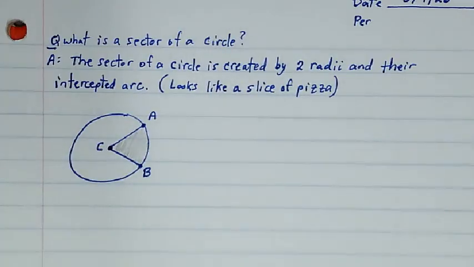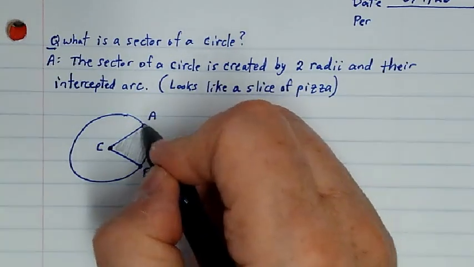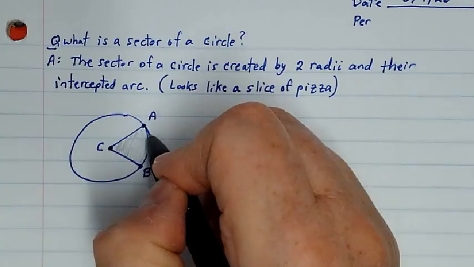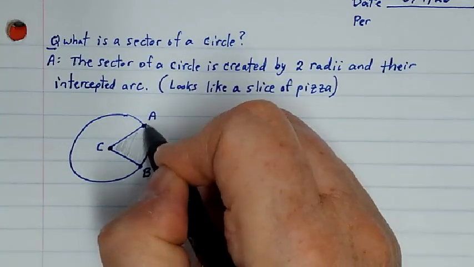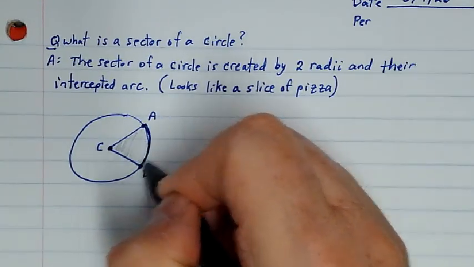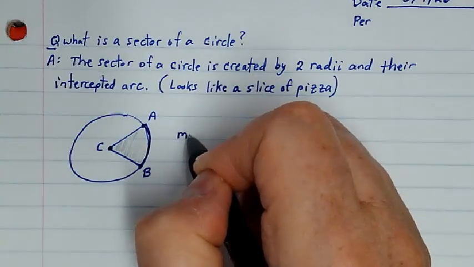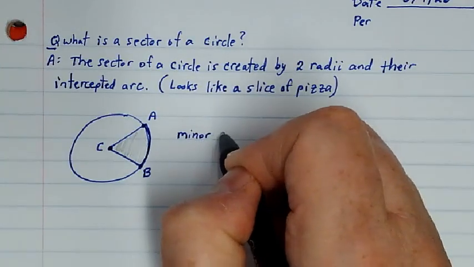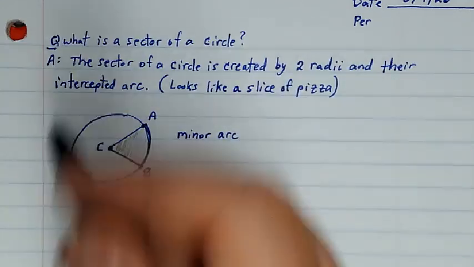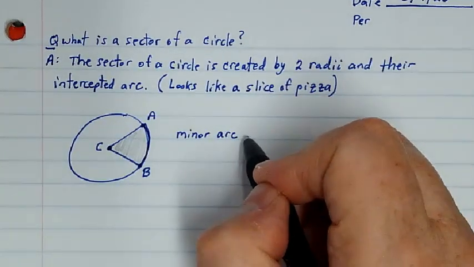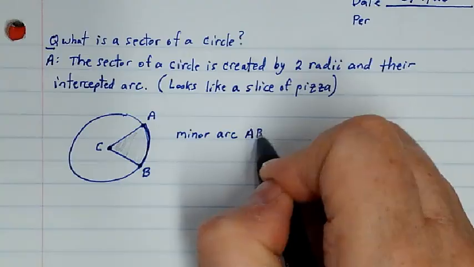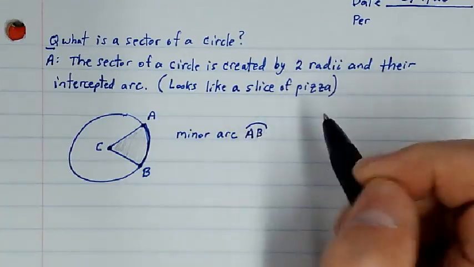At the same time, these two radii intersect the circle at point A and point B, and they also create an arc, and this is called the minor arc. The name of the minor arc is arc AB, and it looks like AB with an arc over it.